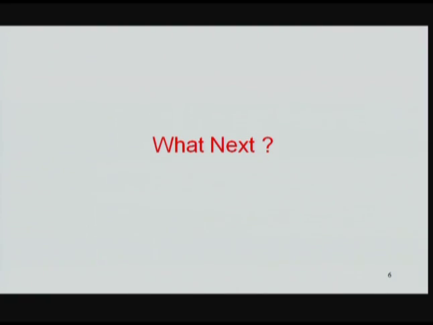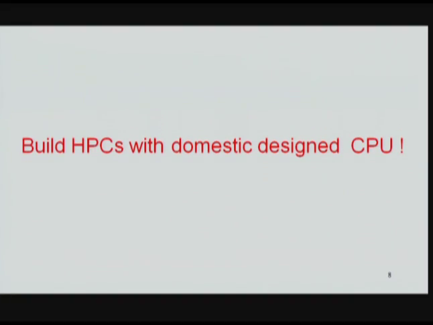What's next? Number one? No, the United States will be number one. We do not want to be number one. But we want to build HPCs with domestically designed CPUs. In the following year, at least 2 or 3 petaflops HPCs will be built with our own CPU.